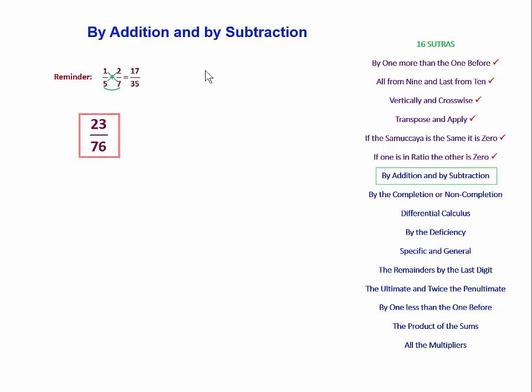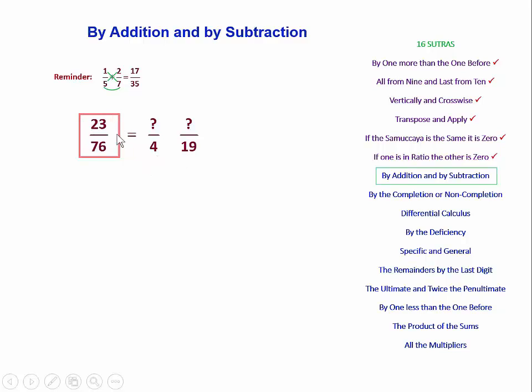So given a fraction like, say, 23 over 76, one technique at our disposal is to split it up. A fraction can be split up into 2 fractions. Now if you notice that 76 has got factors 4 and 19, then we can think of it as being the sum or difference of 2 fractions with denominators 4 and 19.